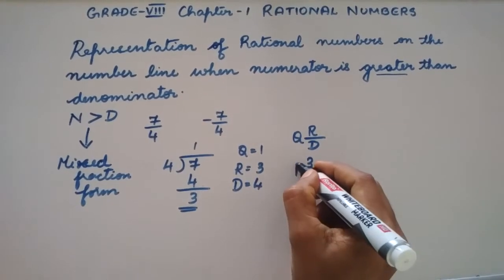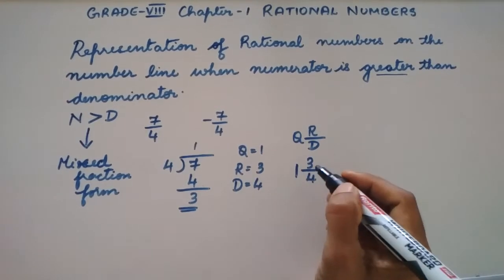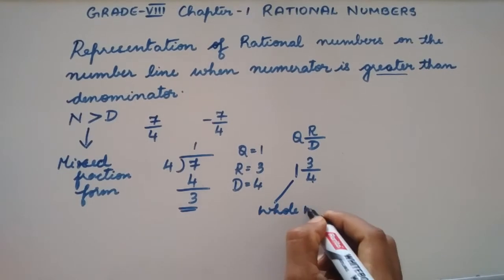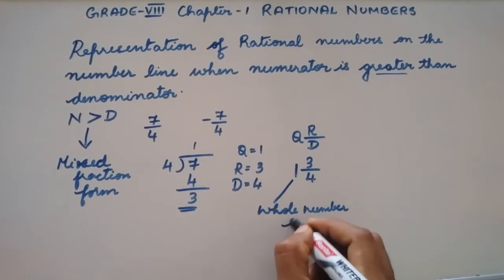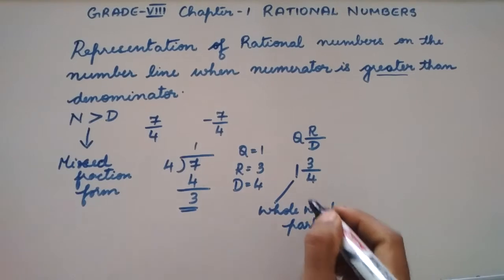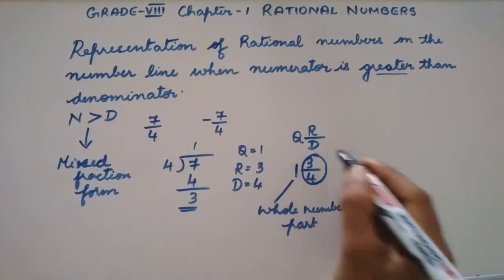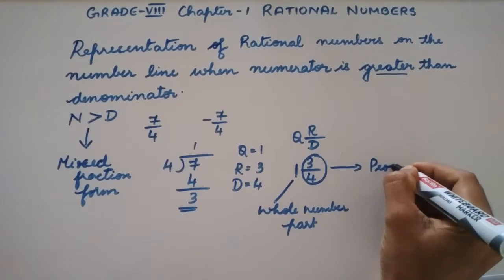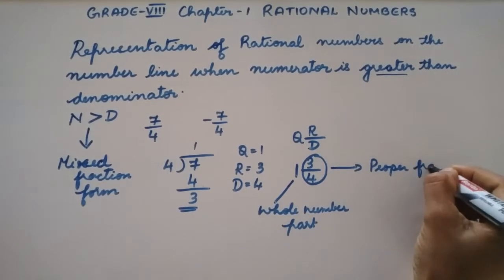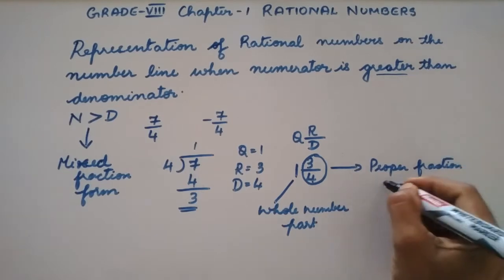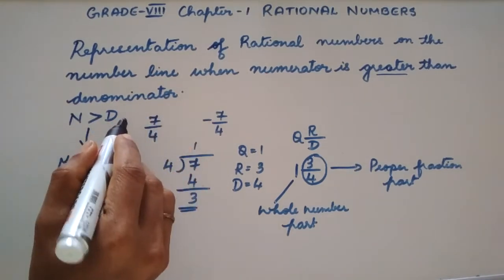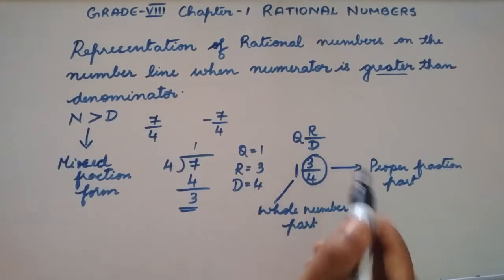So here 1 is called the whole number part, and 3 by 4 is the proper fraction part. So we write 7 by 4 as 1, 3 by 4.